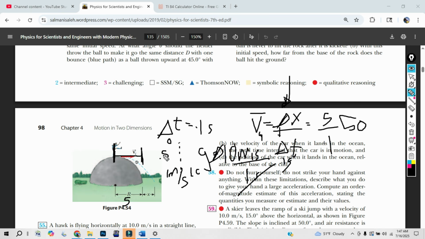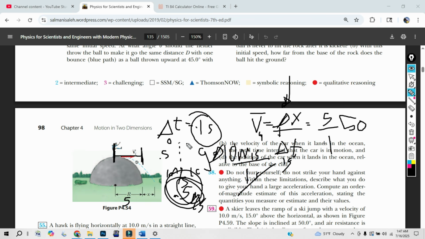And how far did I travel? Well, if I traveled 0.5 meters per second for 1 second, I'd travel 0.5 meters, but I did not travel for 1 second. I only traveled for a tenth of a second.